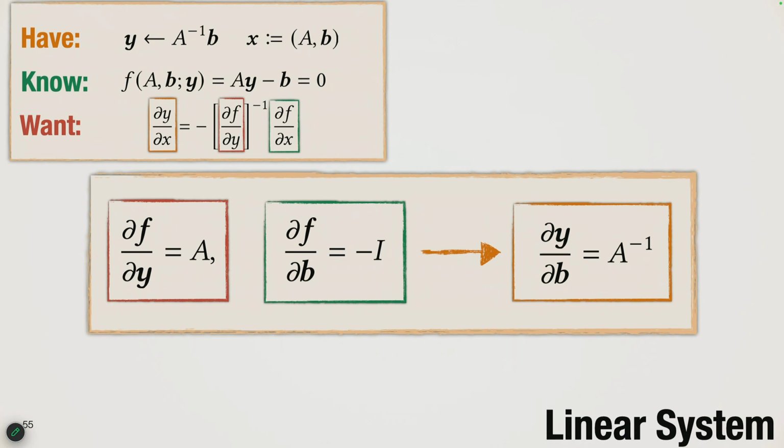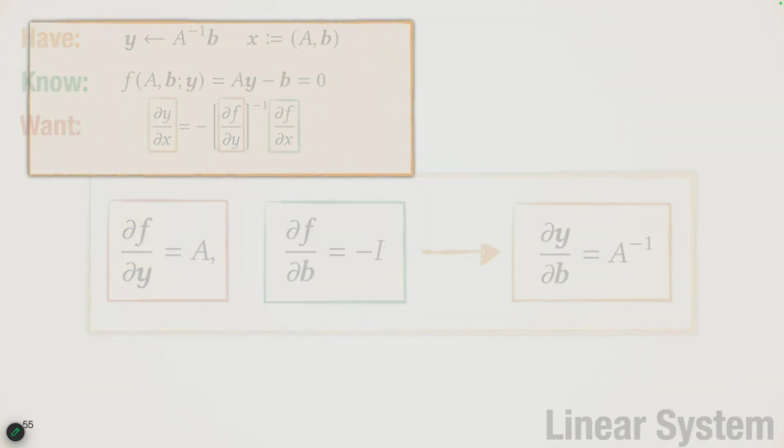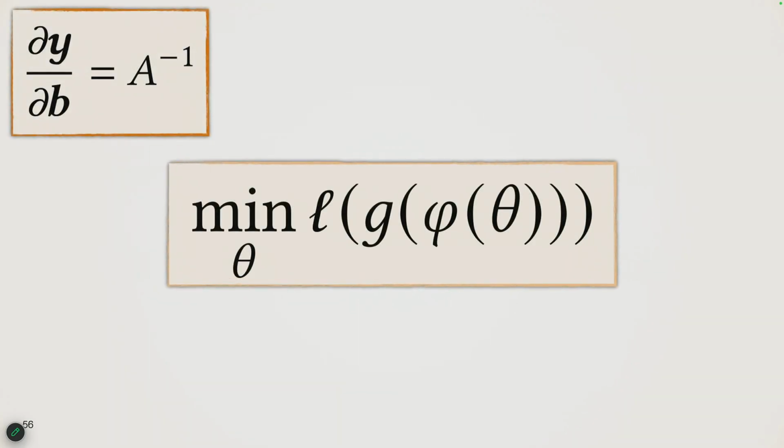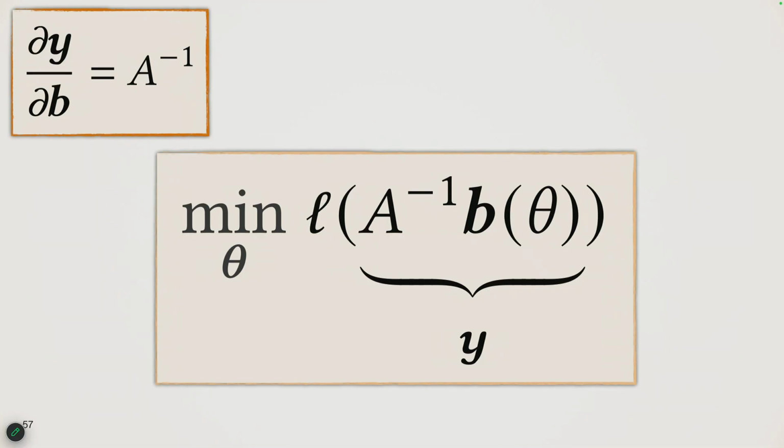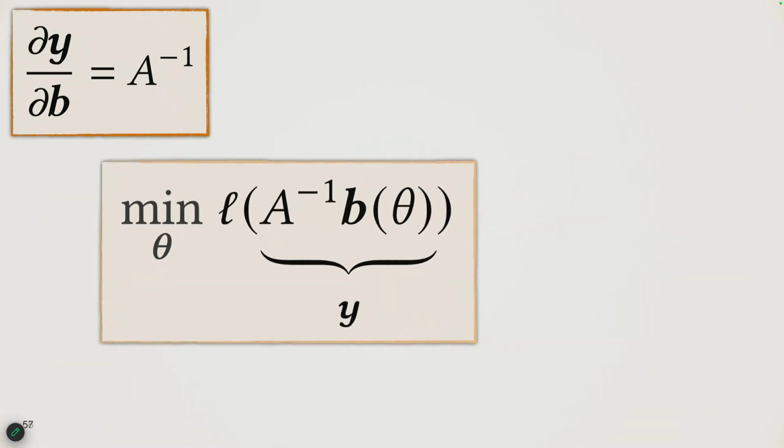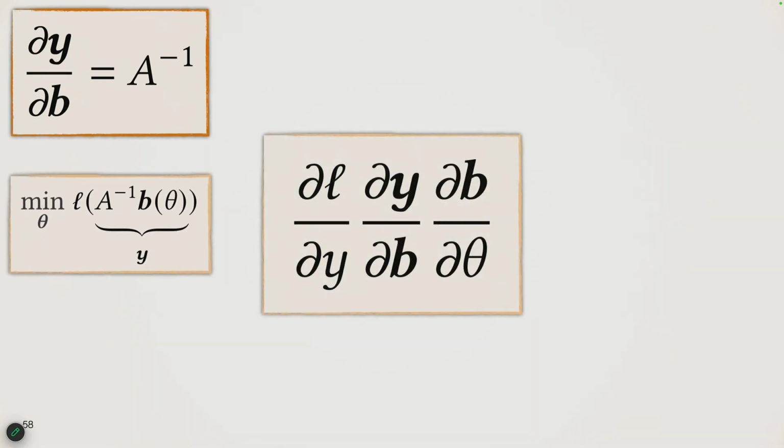Now, we don't really just want this in isolation. What we actually want is to solve some sort of optimization problem, right? We started off with a full loss of some solver and some stuff, and our y in this case is going to be this expression that we started with. And again, we take the derivative of our loss with respect to our parameters theta, because that's where we want to do our gradient descent.